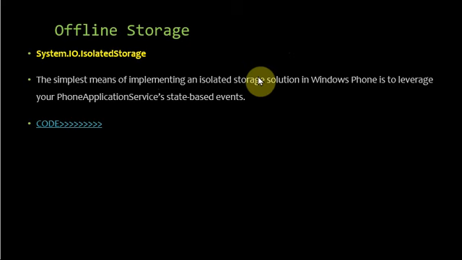The easiest way of implementing an isolated storage solution in Windows Phone 7 is to leverage the phone application service's state-based events. That is the simplest means of implementing isolated storage.